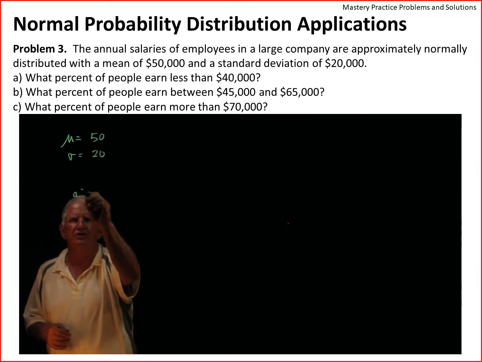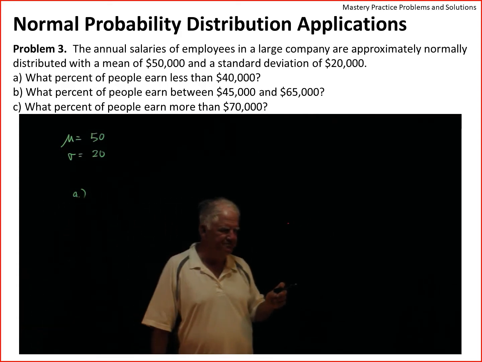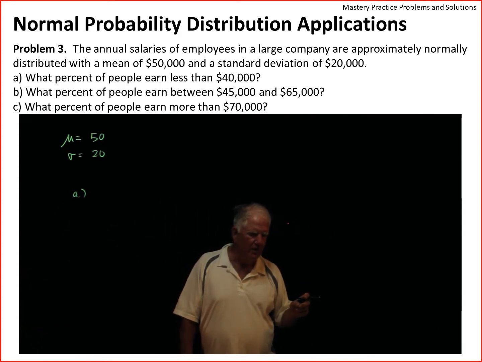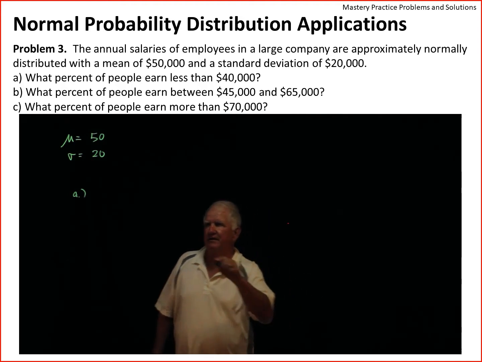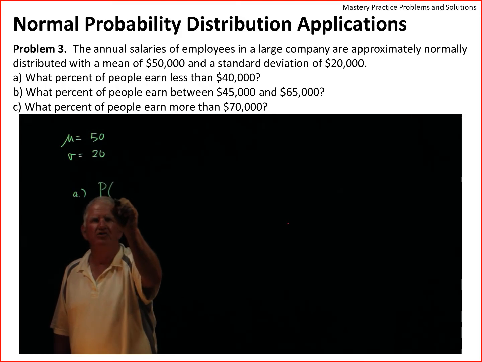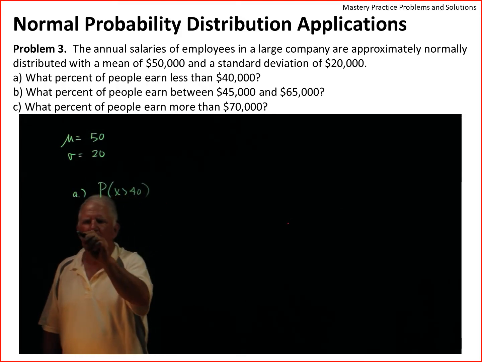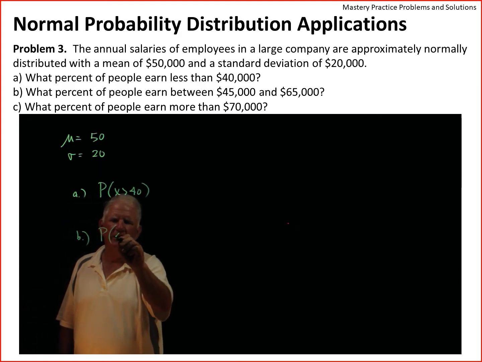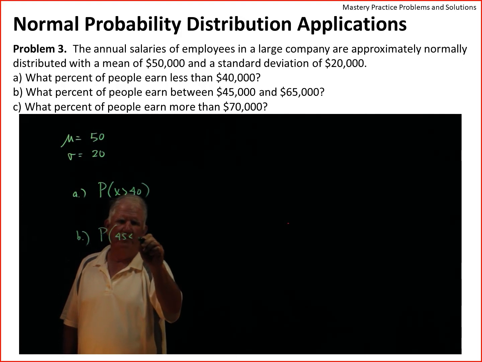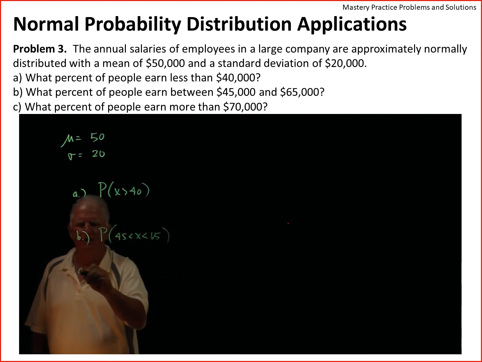The first question: what is the probability that a randomly chosen employee has a salary greater than 40? Let me get all the questions down here. The second is, what's the probability that a randomly chosen employee has a salary between 45 and 65?